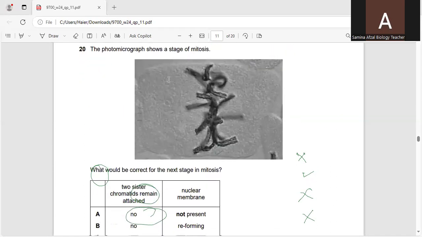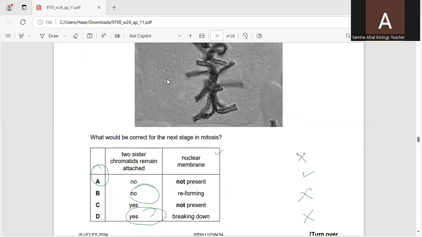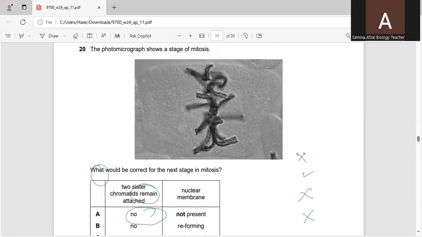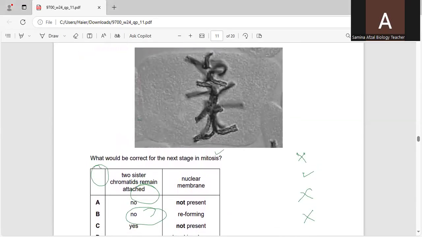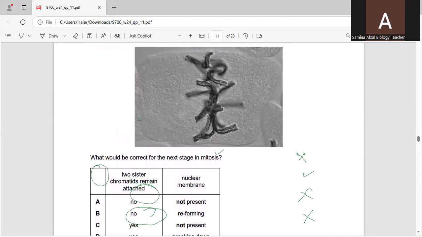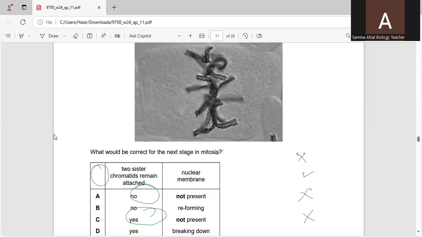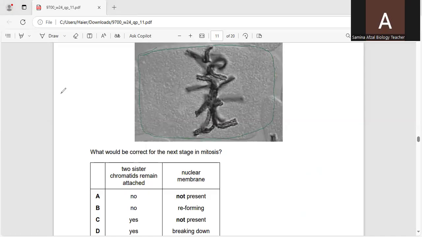Now question number 20. And question number 20, you can see the photomicrograph shows a stage of mitosis. Here you can see which stage has been shown over here. This is the cell and the chromosomes are present in the center of the cell.